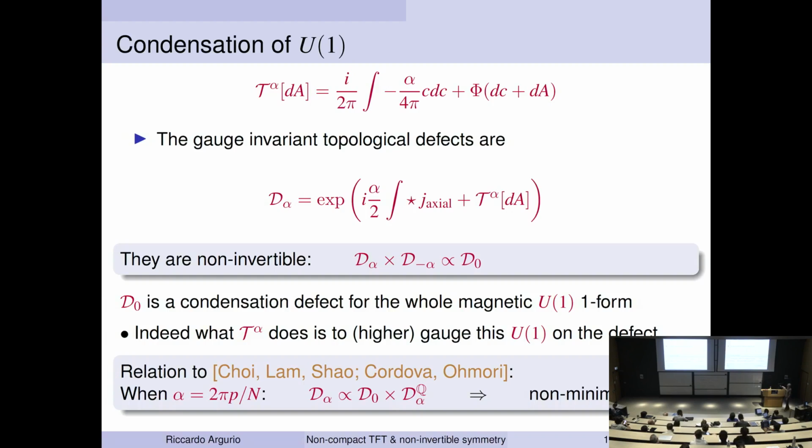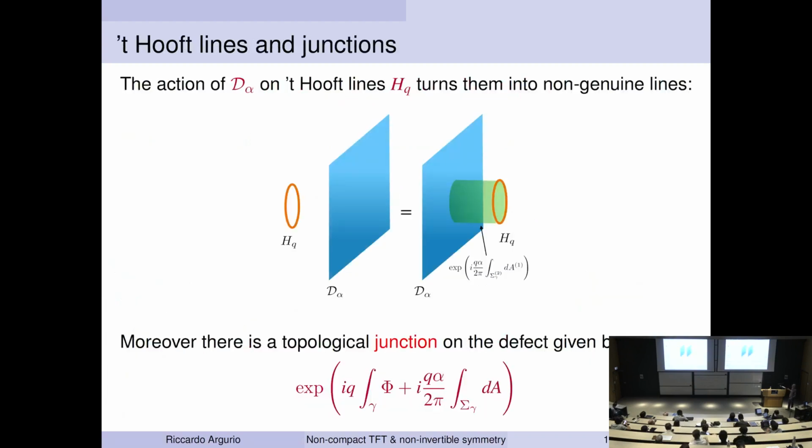But okay, this might be a slightly unsatisfactory feature, but let's see how they act on Toft lines. As you know, if you know how it works for the rational angles, the non-invertibility of these axial symmetry defects manifests itself when Toft lines are passed through the defects, or vice versa.